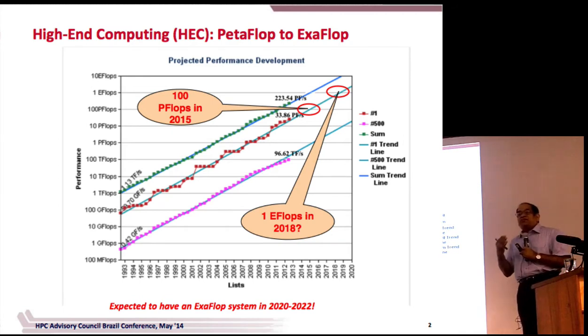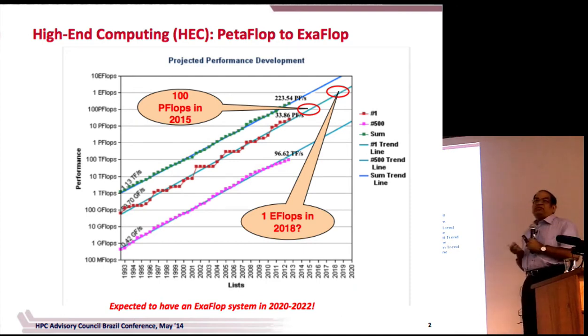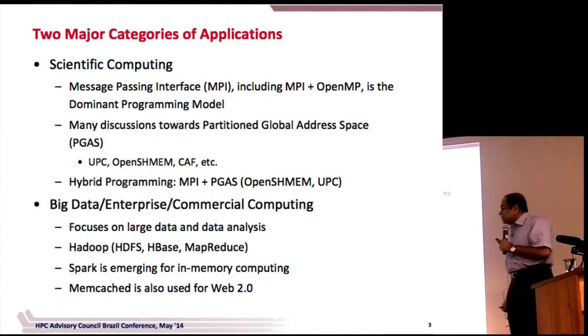When the Exascale study started in 2010, the original goal was to achieve it in 2018. But broadly people are feeling that we will not be able to have an Exascale system in 2018, and the realistic goal is to have it in 2020 or 2022. That is the time frame people are thinking where an exaflop system will be coming up.